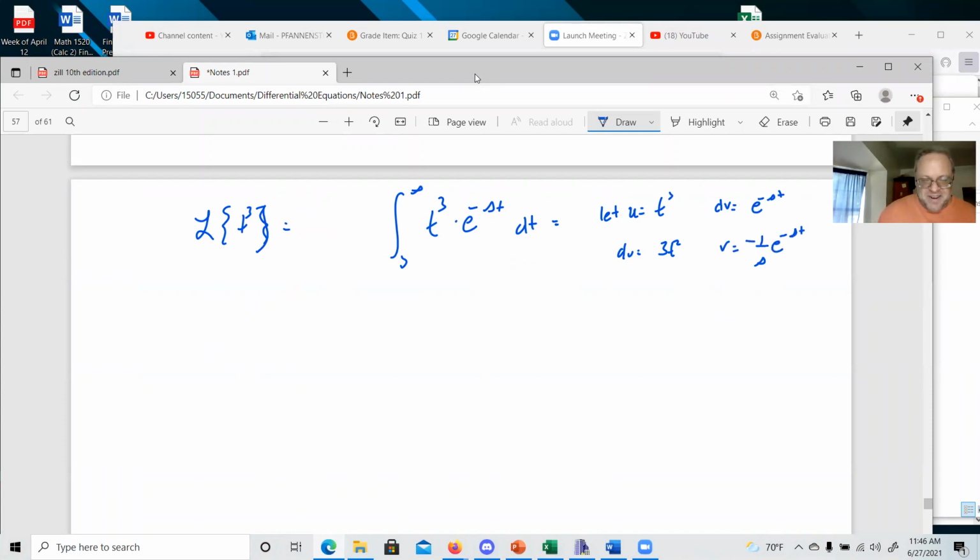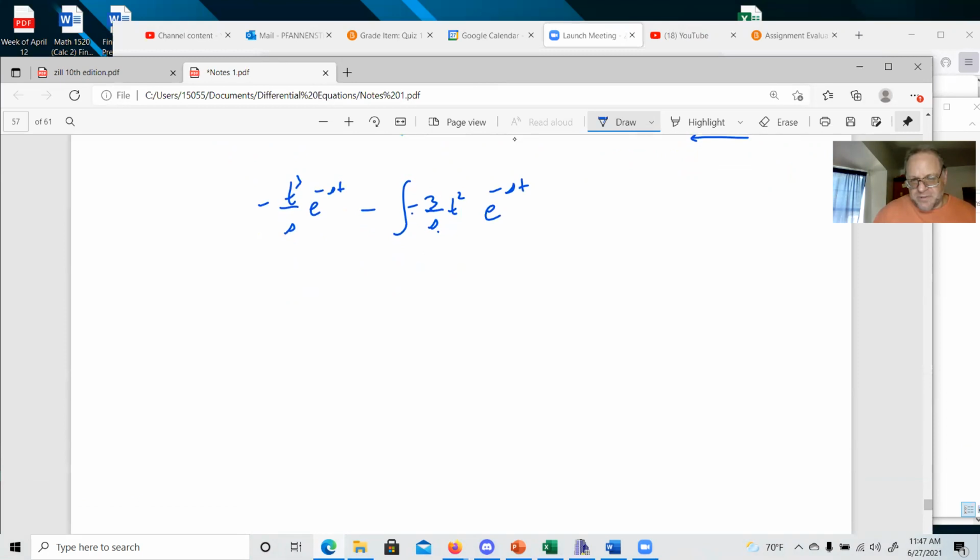So we're going to have negative t cubed over s. That's the diagonal part of the box, minus the integral, and then we have the horizontal part of the box. So this is going to be 3 over s t squared, with a negative, negative 1 over s, e to the negative st. Okay, let's clean this up just a little bit.